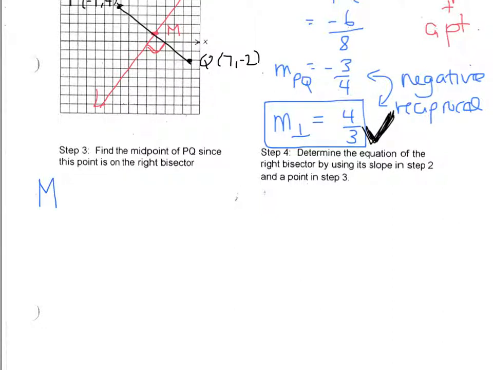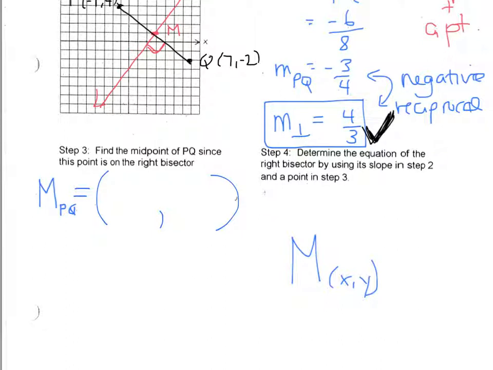Capital M is used for midpoint. Some people will write midpoint of PQ like that, and some people will write the coordinates of the midpoint M(x, y). I think this one's most commonly seen, but it's a personal preference. I don't mind if you do either. So we're going to calculate the midpoint by taking the coordinates of P and Q and finding the average of their X and Y values.